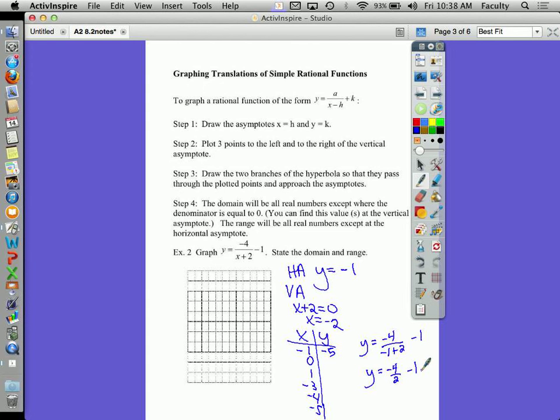Negative 2 minus 1 is negative 3. All right, what if we plug in 1? That's negative 4 thirds minus 1. Okay, negative 4 thirds is negative 1 and 1 third, right? So this is like negative 2 and 1 third.